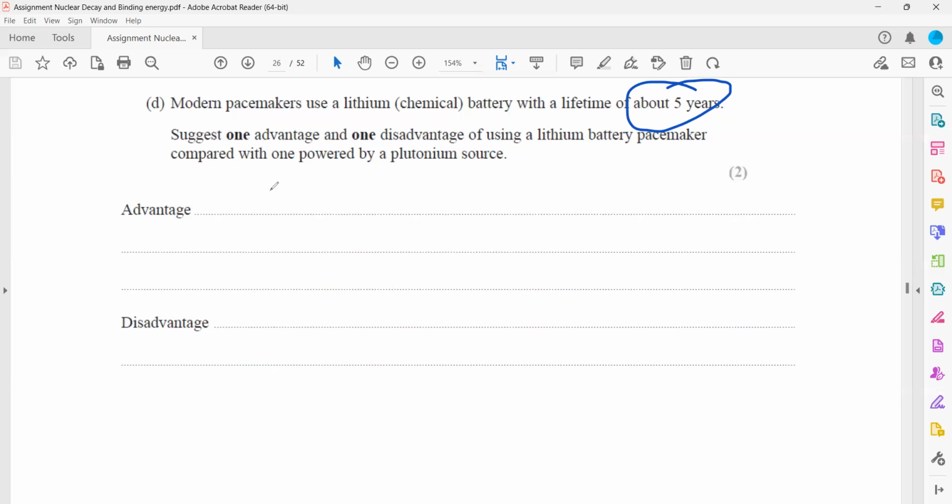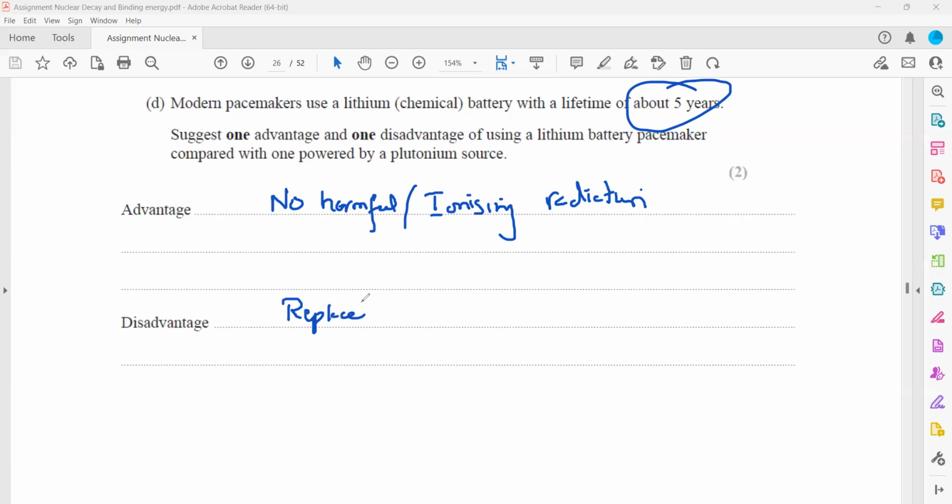So the advantage is no harmful, ionizing radiation, but the disadvantage is that we have to replace them and carry out the surgery.